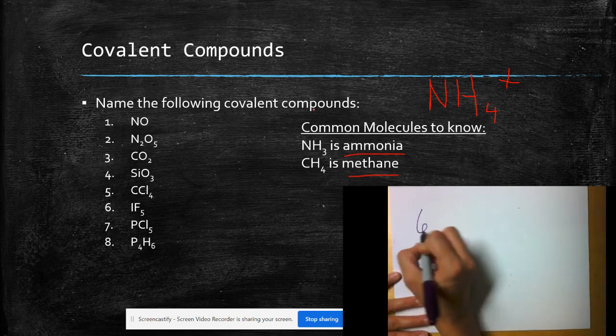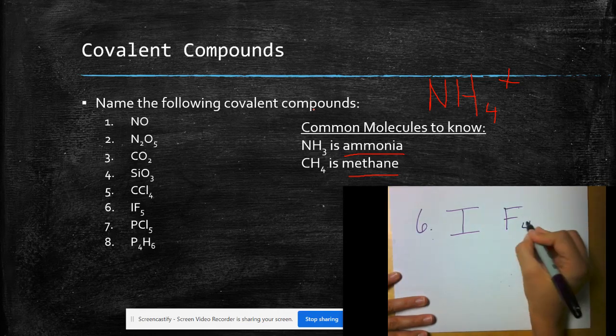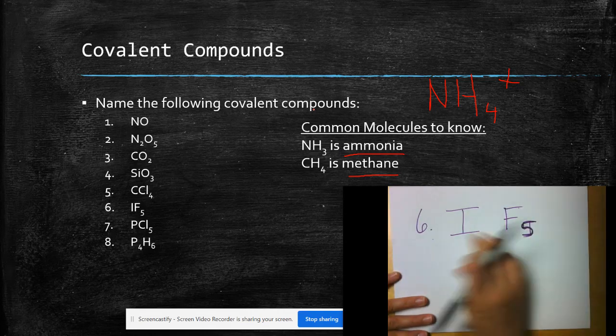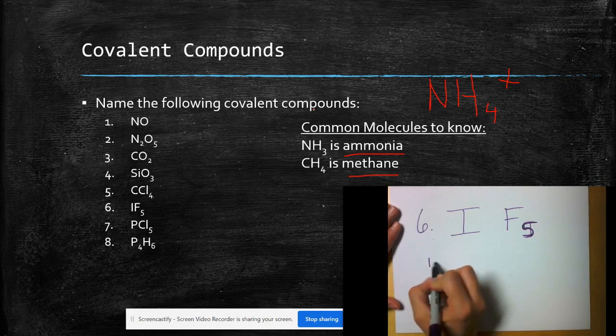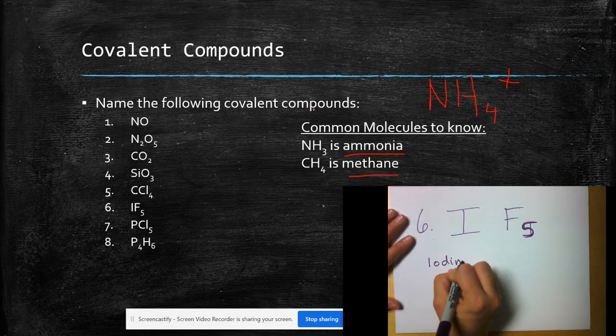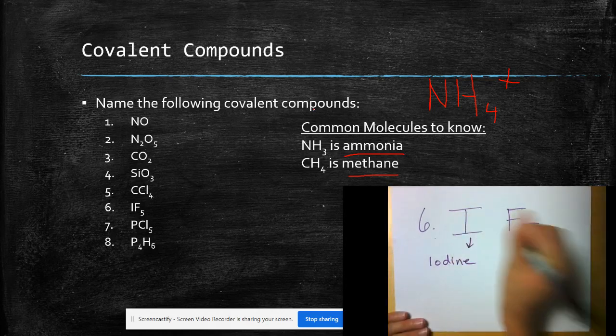Next, we have number 6, which is IF5. These are both nonmetals. That's how I would know it is not ionic. They're all on the right side of the periodic table. I'm going to name the first nonmetal, iodide, or iodine. I'm getting tongue twisted on this one. Iodine is the element.